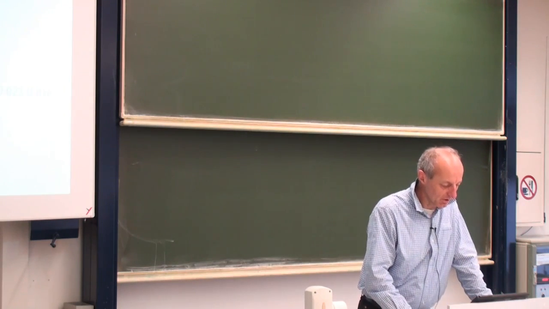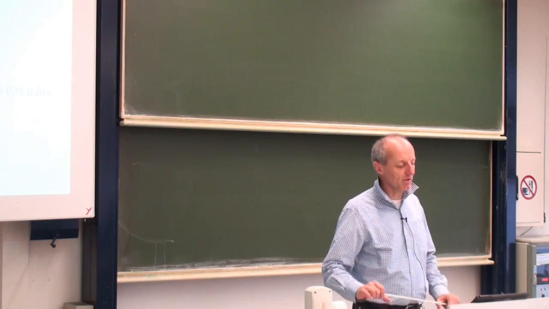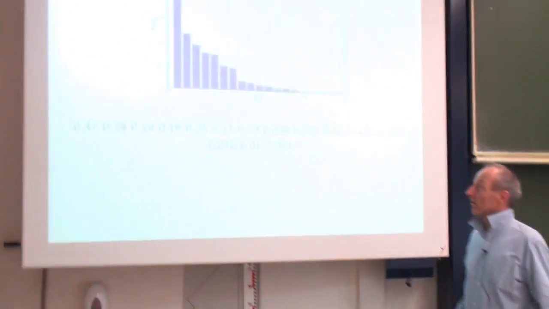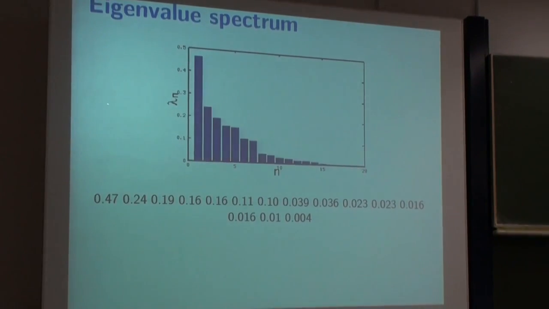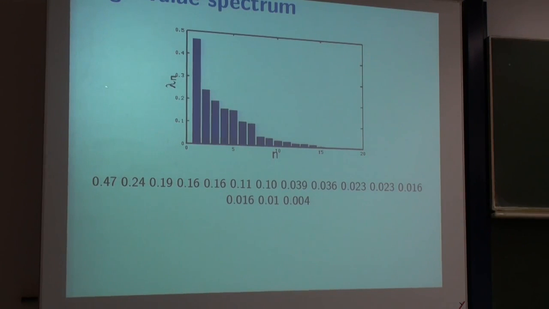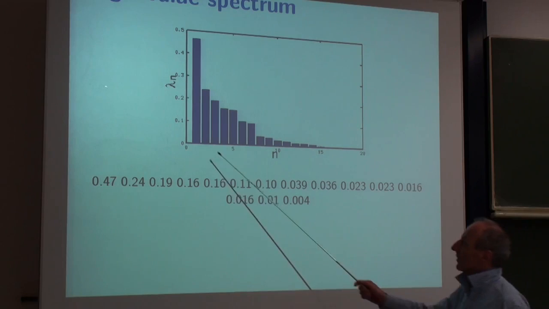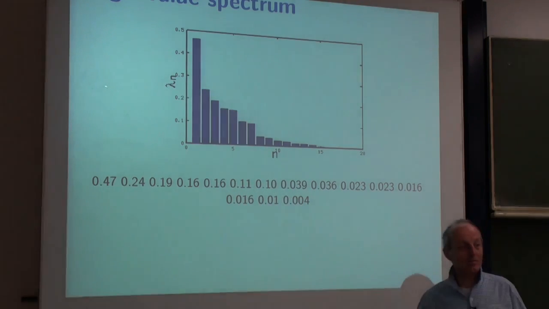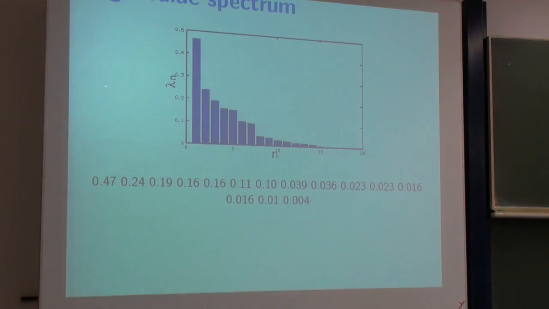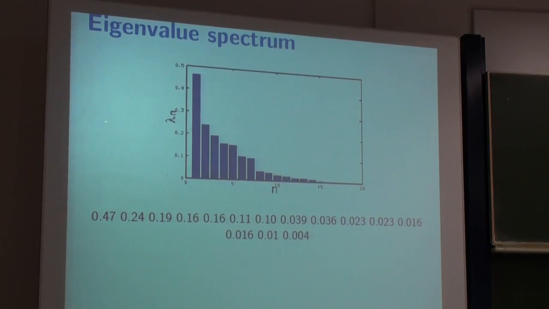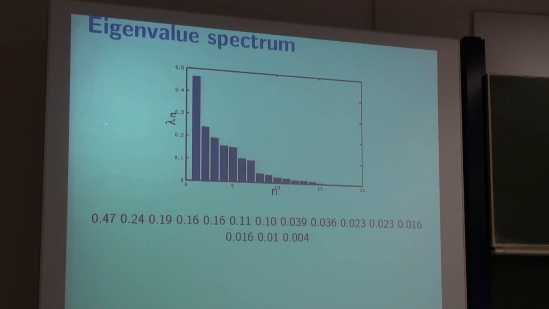So the spectrum of the eigenvalues is quite interesting when, for our data set, we solve the eigenvalue equation. We see that the principal component, that's the definition of the principal component, has the largest eigenvalue. But here we see there is quite a big difference between the largest eigenvalue and the next ones.